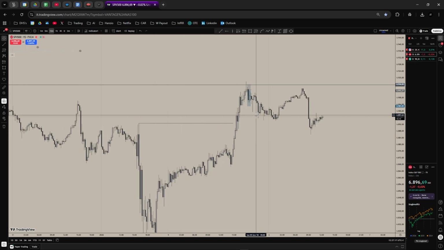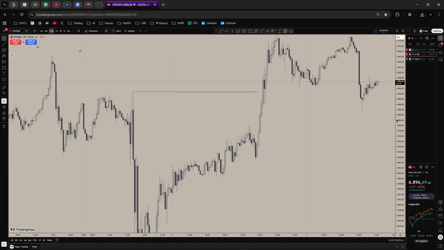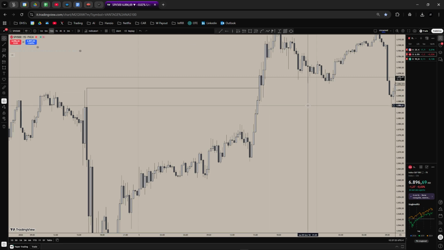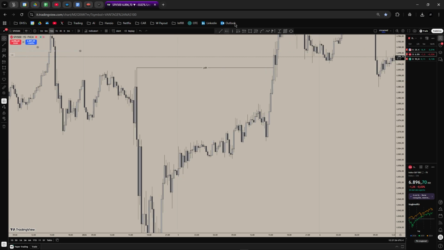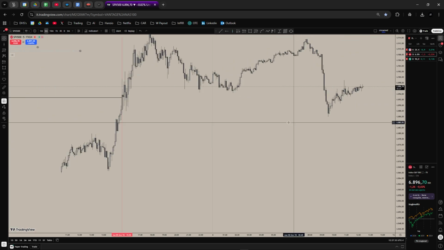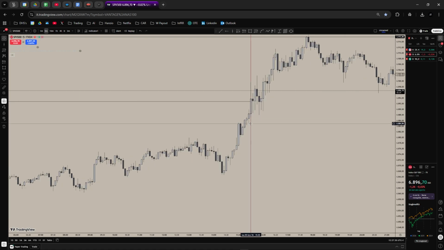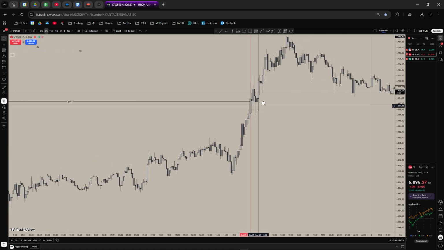This was previous day high. This wasn't a real trade. And this is previous day high. So at the time of market open, where is market open? In the market open candle, we were really close to it.